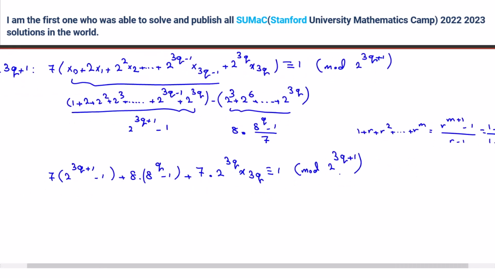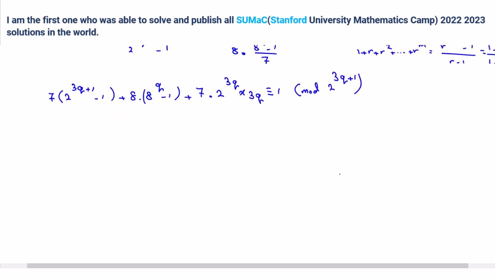Okay, so here, directly we can cancel this. It is 0 because of 2 to the 3q plus 1, right? And also this one is 0 because you multiplied by 8, right? So minus 7 minus 8 plus 7 times 2 to the 3q x3q is 1 mod 2 to the 3q plus 1, right?